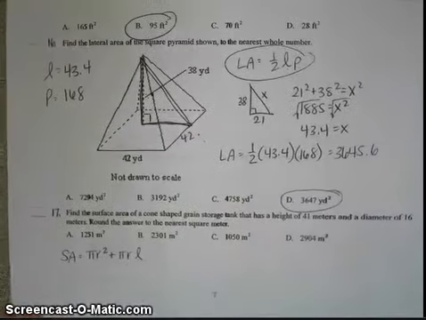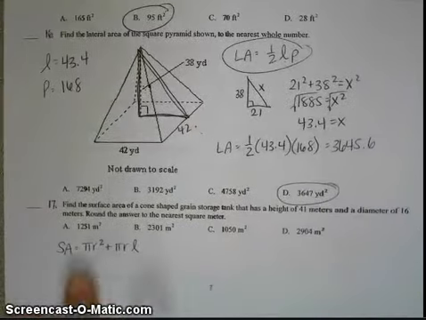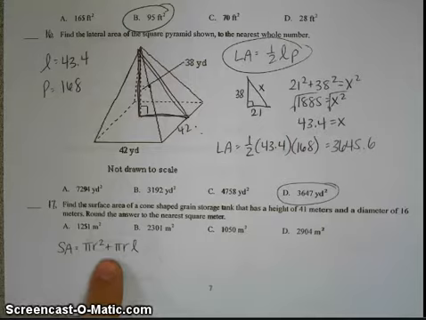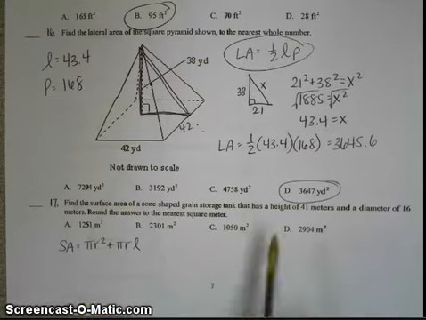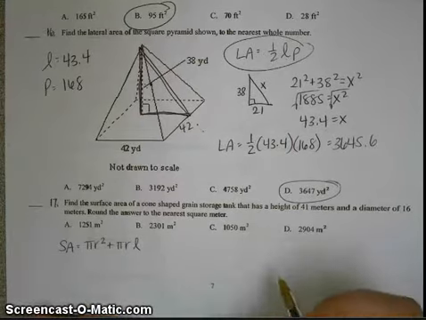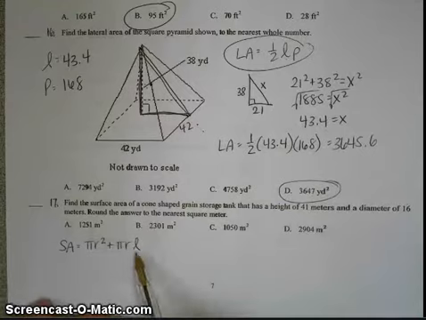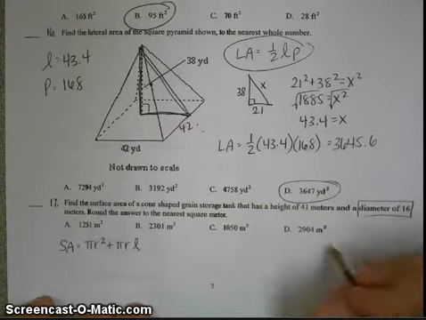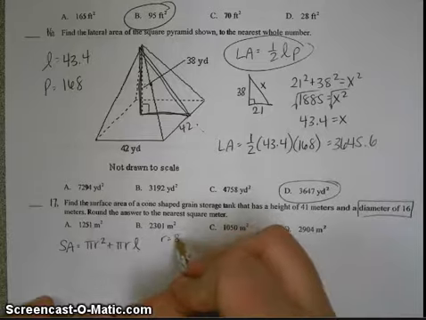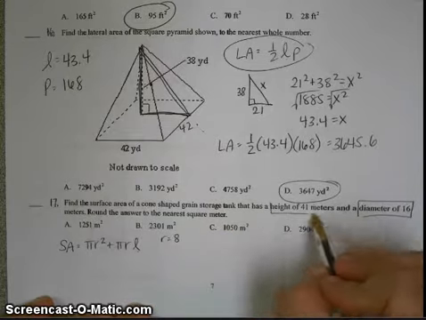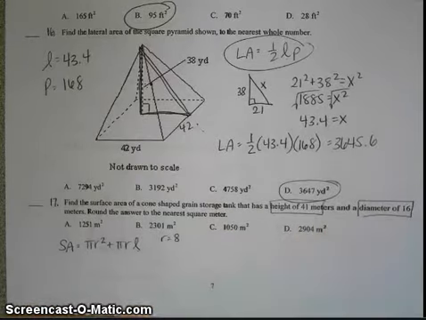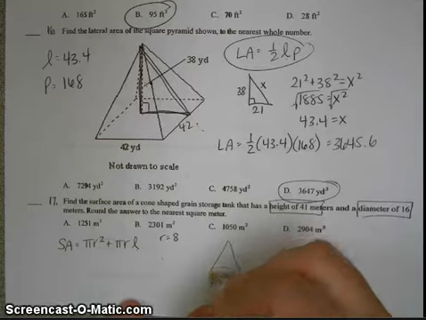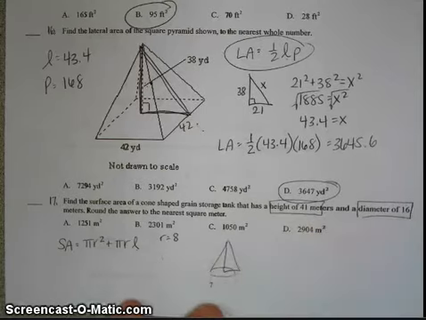Alright, number 17. Find the surface area of a cone. So here we go. There's the formula on our formula sheet. We need the slant height and radius. So this gives me a diameter of 16, which means my radius is 8. But a height of 41 meters. So if we have this cone, again I'm going to have to use Pythagorean theorem.